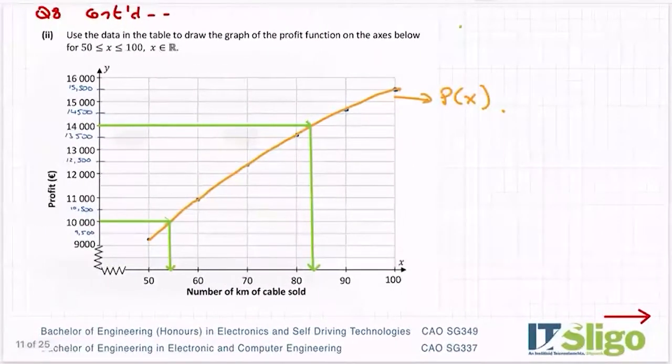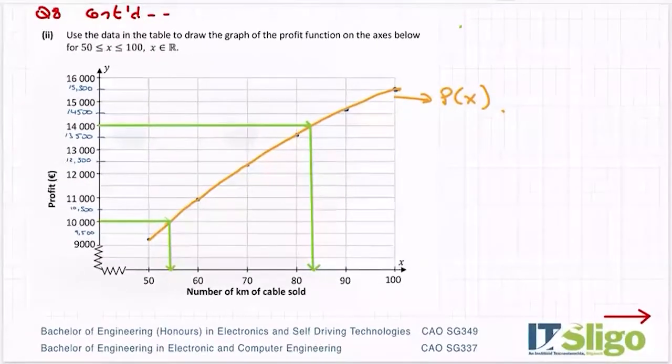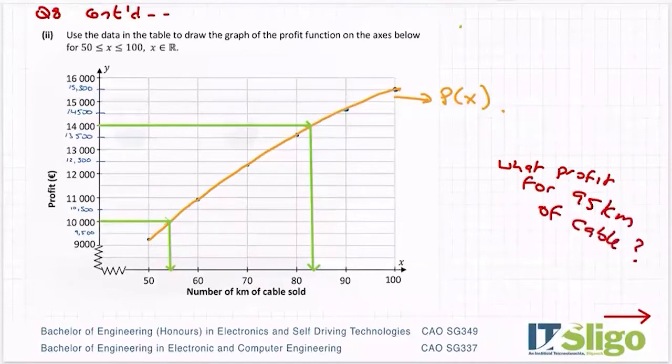Now if they'd asked me a question such as, what profit is made if I sell 95 kilometres of cable? Let me write that down. What profit for 95 kilometres of cable? Just to explain what I mean by coming in from the cable side. This is the length of cable, so now I'm coming in from this axis. I find 95 on this, which is here.